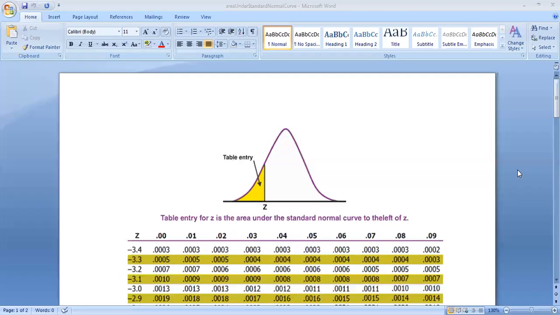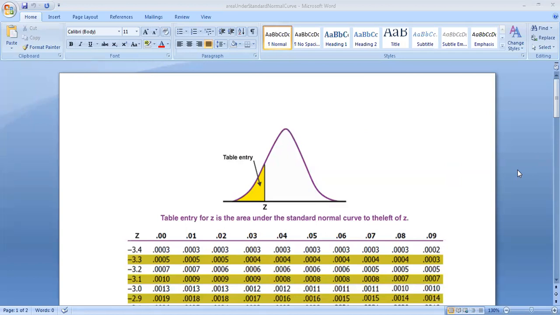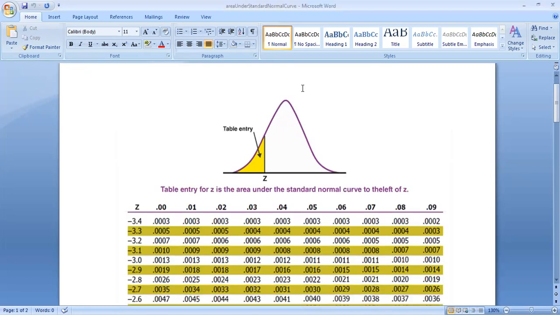Now we can see here this normal distribution curve and the area on this curve. The area indicates the percentage probability. When we mark the Z, this is the midline.